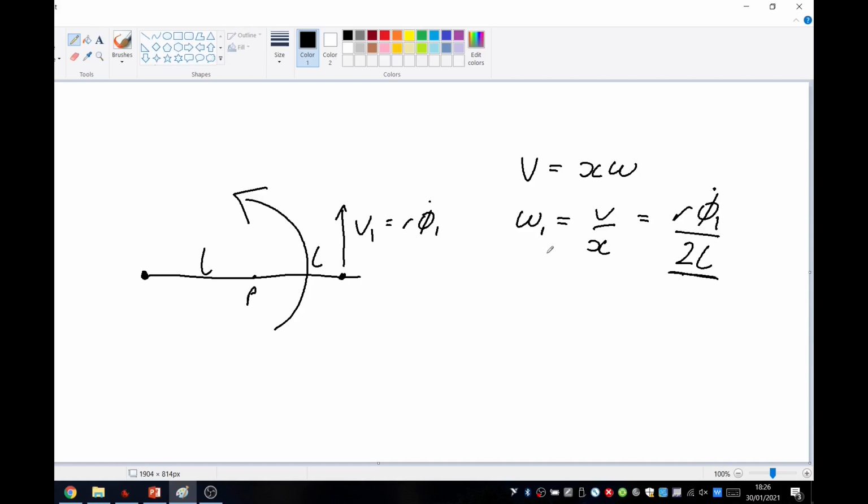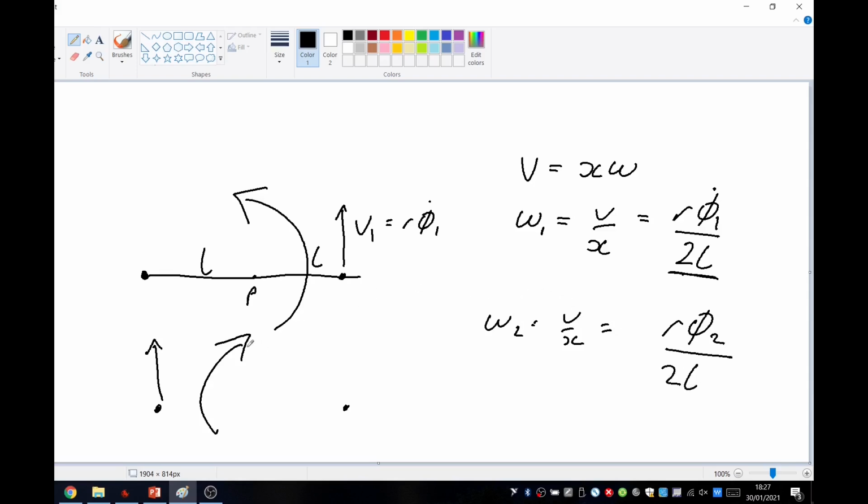So let me go on. If we do similarly, but we keep wheel 1 fixed and wheel 2 moving, then it's now rotating about this point, so it's got an angular velocity in this direction. A similar argument, so omega 2 would be the velocity of wheel 2 over x, which is r psi 2 over 2L.